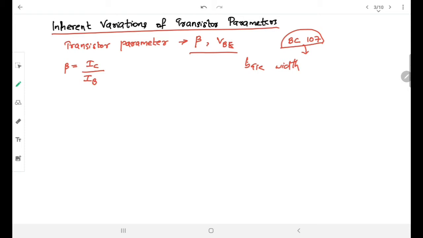If base width is changing, VBE will change. So beta and VBE are two crucial transistor parameters which show inherent variations even in manufacture. These variations of transistor parameters will change the operating point Q. So the change in beta and VBE will change the Q point.